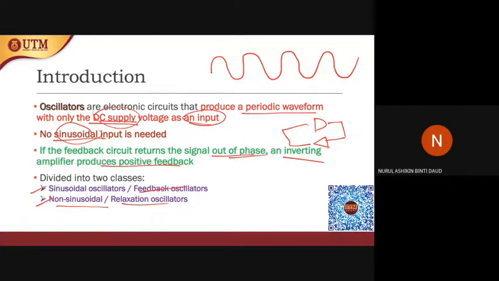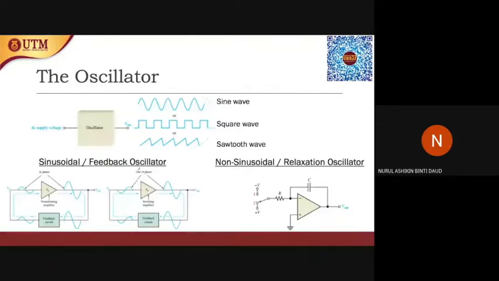It has many names. The basics: it requires a DC supply voltage, and inside the oscillator there is an amplifier and feedback. The output can be a sine wave for the sinusoidal type, and a square wave or a sawtooth wave for the non-sinusoidal.